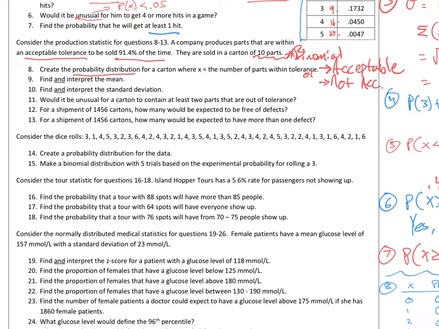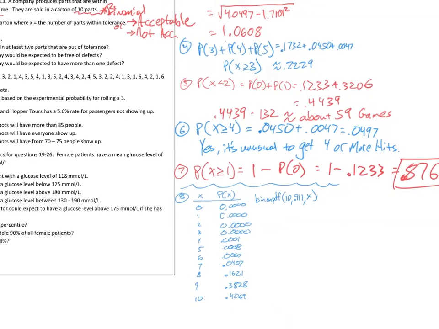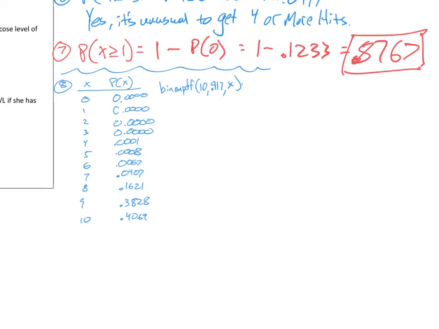So that's 8 and 9. We want to find and interpret the mean. Let's go use these here. The mean for a binomial distribution is simply the number of trials times the probability. So the number of trials is 10 times 0.917.